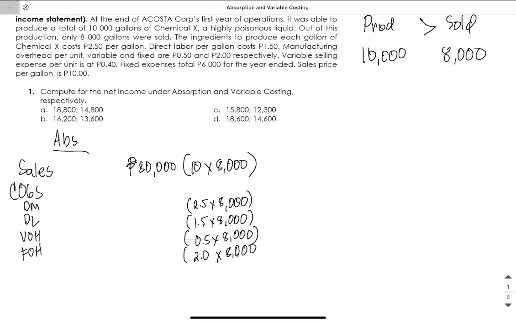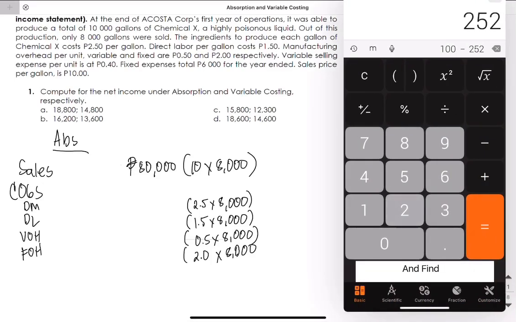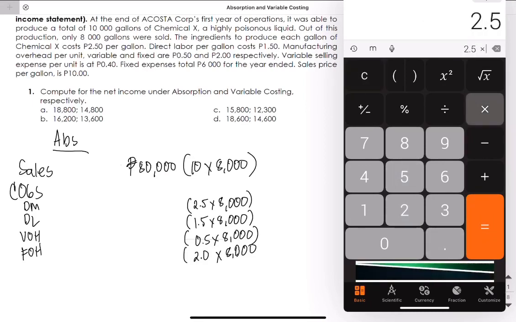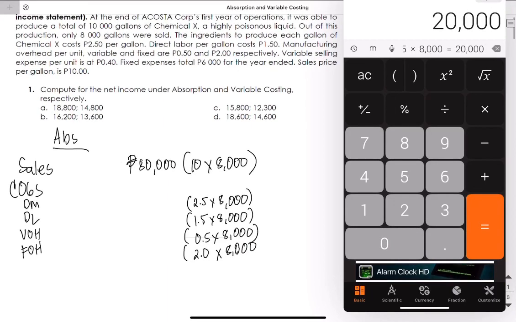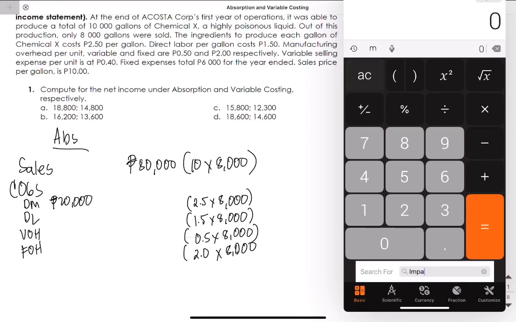Now we compute. 2.5 times 8,000, we have 20,000 for direct materials. For direct labor, 1.5 times 8,000 is 12,000.